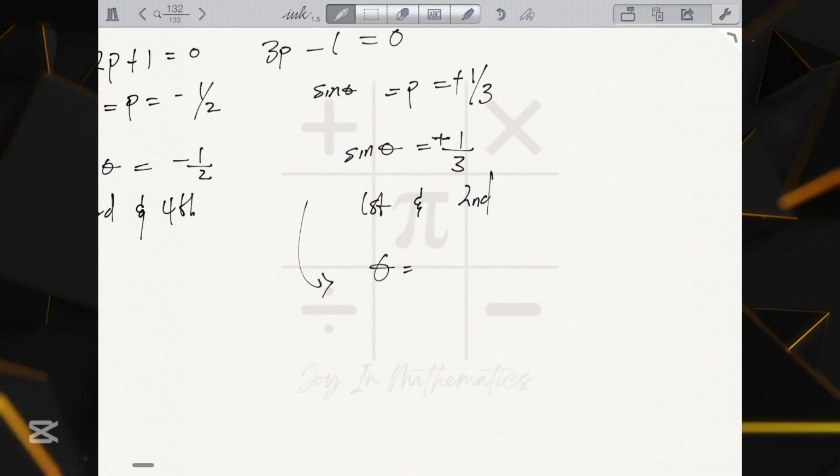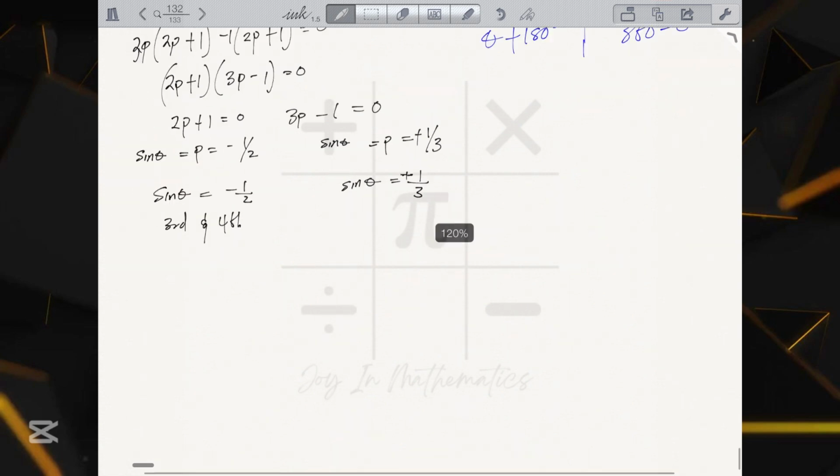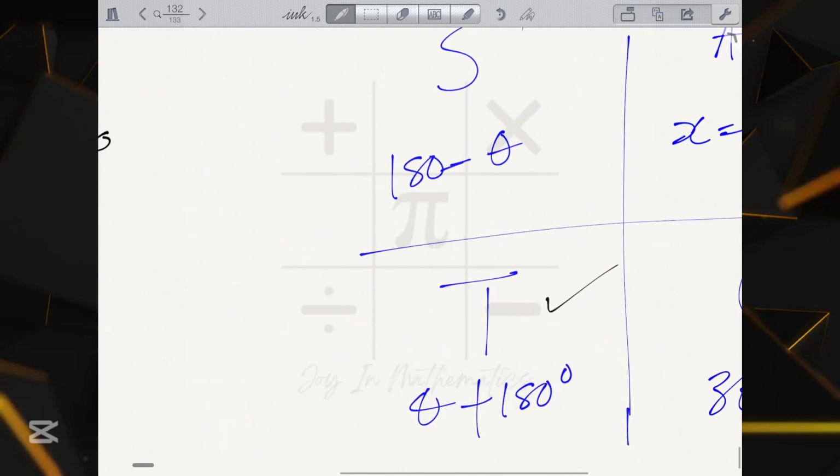Theta equals arc sine of 1 over 3, which equals 19.47 degrees. This is the value in the first quadrant. Now in the second quadrant, the formula is 180 minus theta.